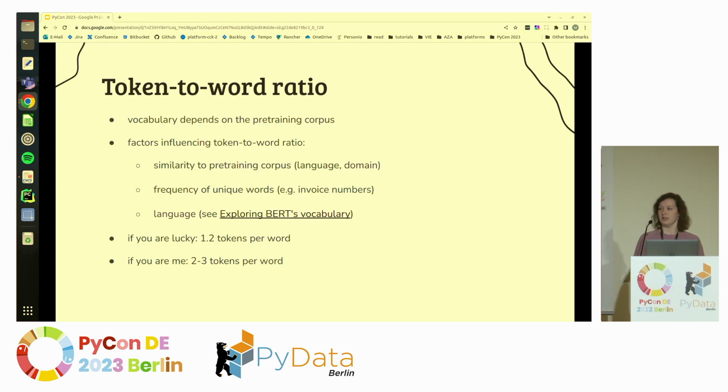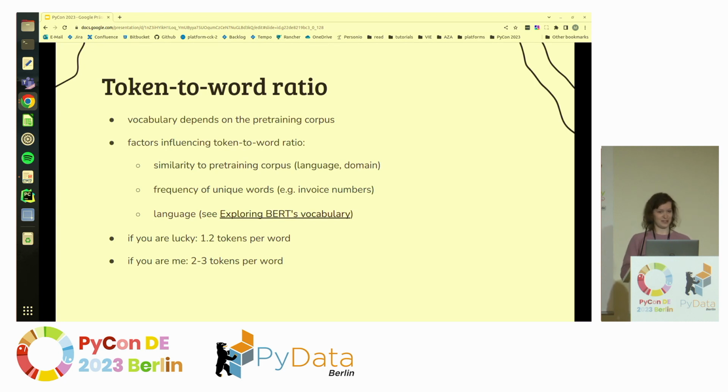One of them is how similar your data is to the pre-training corpus. If you're applying the model on same language, same domain, you will get a pretty low token to word ratio. What also matters is the frequency of rare words. As I showed you in the example, invoice numbers are never part of the vocabulary. IBANs are never part of the vocabulary. Same for phone numbers, email addresses, rare last names. If your texts have a lot of this content, then you will end up with a lot of tokens.